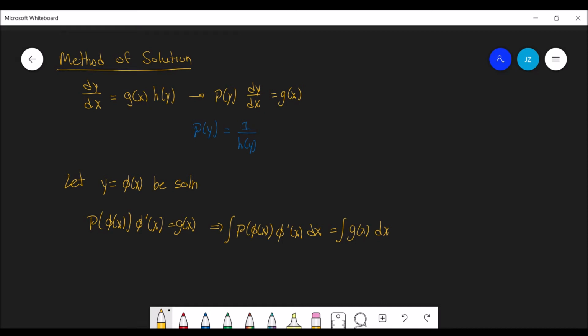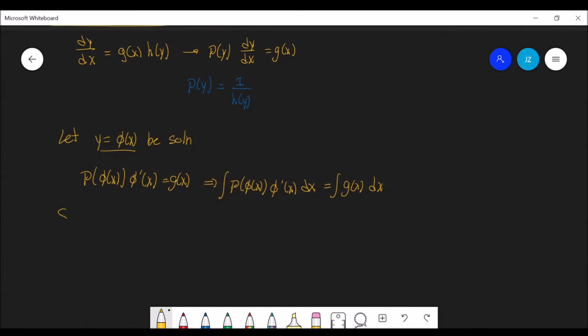Now, we said that y is phi of x, which means that dy would be phi prime of x dx. So we can write the above now as the integral of p of y dy is equal to the integral of g of x dx.